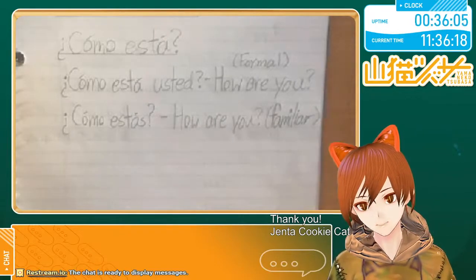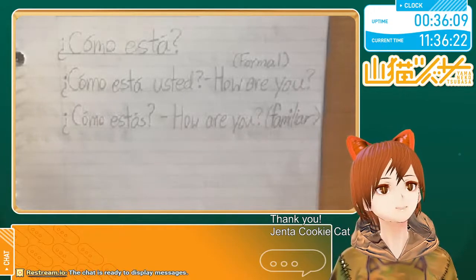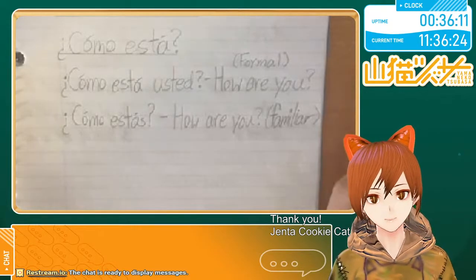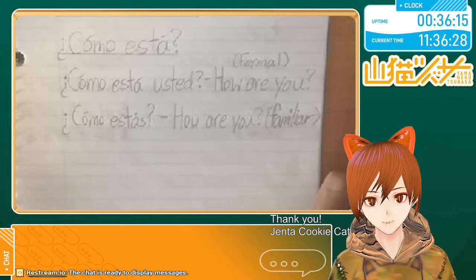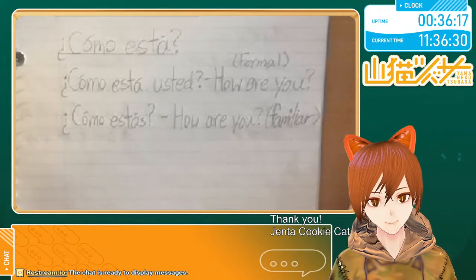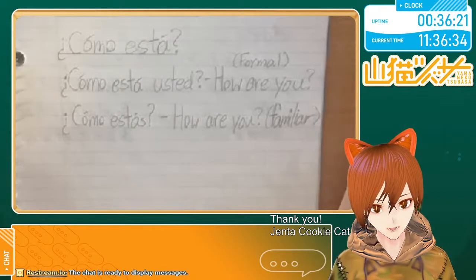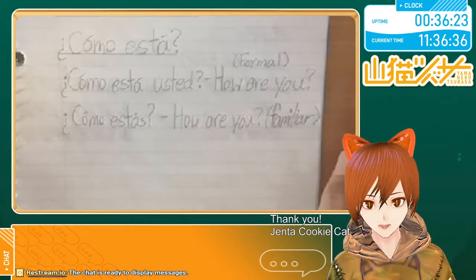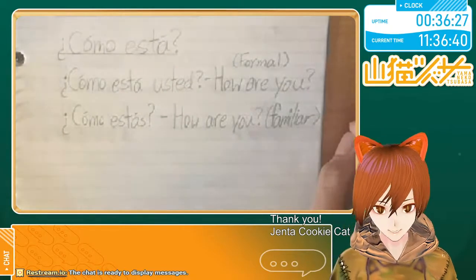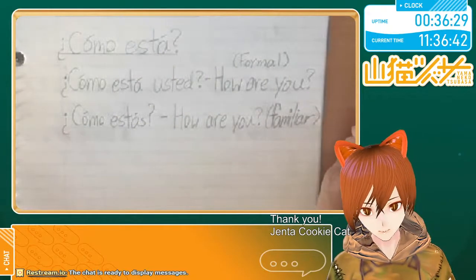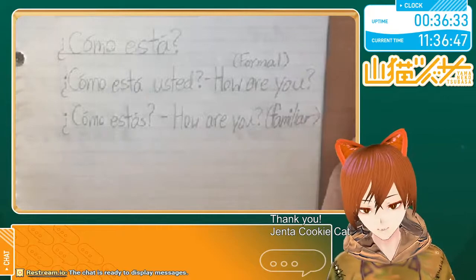Or if you're the one in power and you're talking to someone else who has to talk to you formally, so someone younger than you would use ¿Cómo estás? Say you're the senior, the guy teaching, the guy that holds the power, the boss. They'll say ¿Cómo está usted? And then you'll reply. But on the flip side, if you were to ask them, you would say ¿Cómo estás?